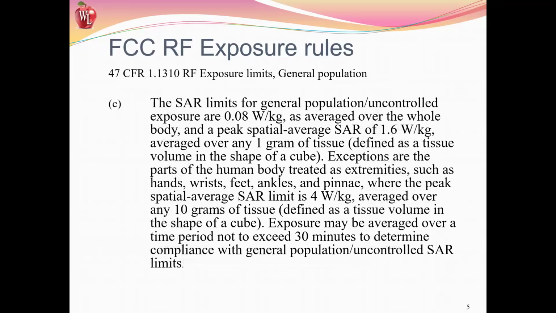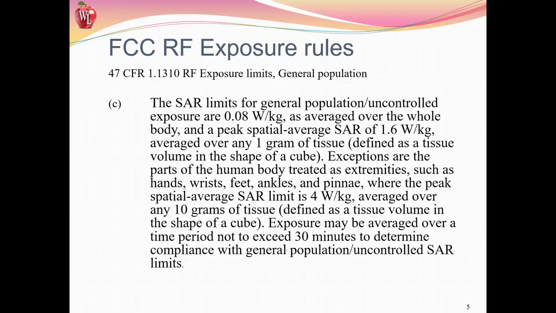And then you also have the general population. Well, the general population is uncontrolled exposure. So it's a lower limit of 0.08 watts with a peak spatial of 1.6 watts per kilogram over 1 gram of tissue.